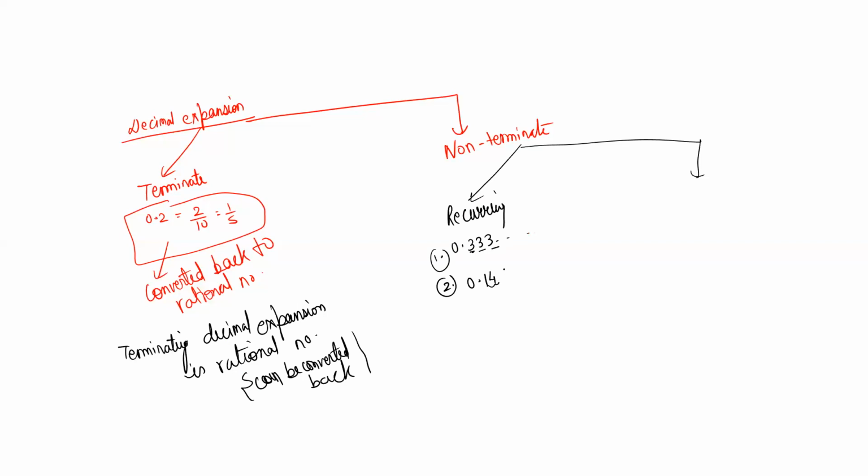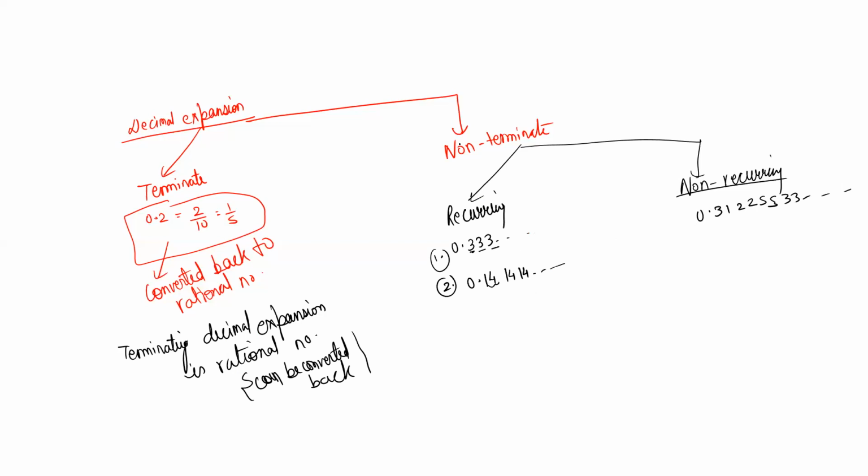Suppose 0.14, I am repeating 1414 again and again. So this comes in the category of recurring. And there is another part known as non-recurring. If it is non-recurring, it means there will be no pattern at all. It will be random values.